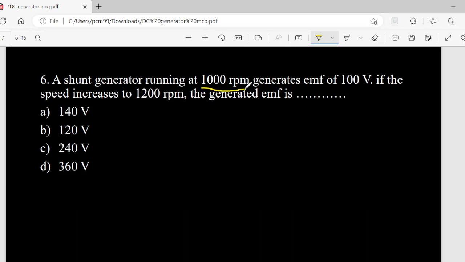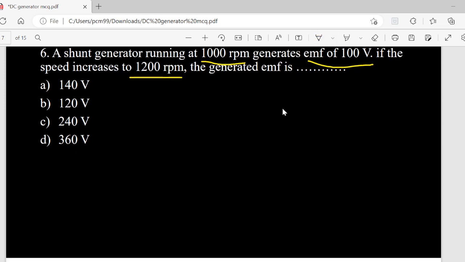Speed N1 is 1000 rpm, EMF E1 is 100 volt, and speed N2 is 1200 rpm. We need the generated EMF E2.